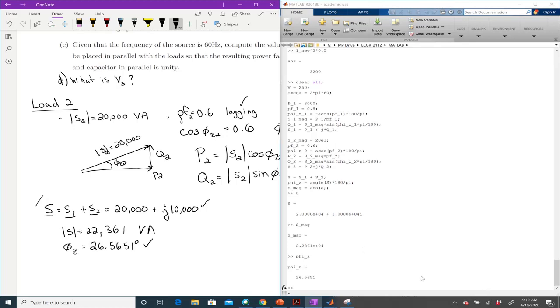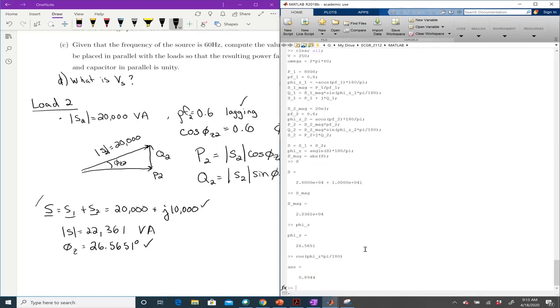Now I was asked for the power factor, so I take the cosine of phi z, multiplied by pi over 180 because it's assumed that I have an angle in radians, and that works out to 0.8944. So my power factor for the combined loads is 0.8944. Sometimes we refer to that as 89.44%.